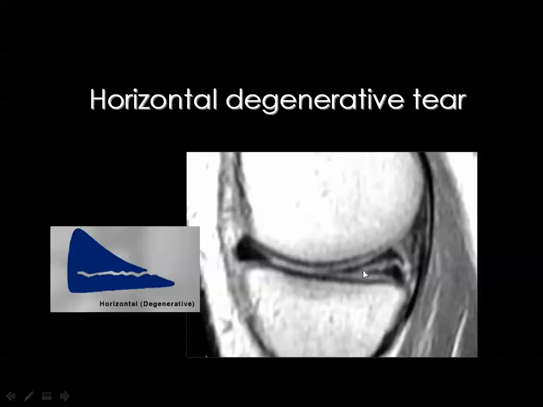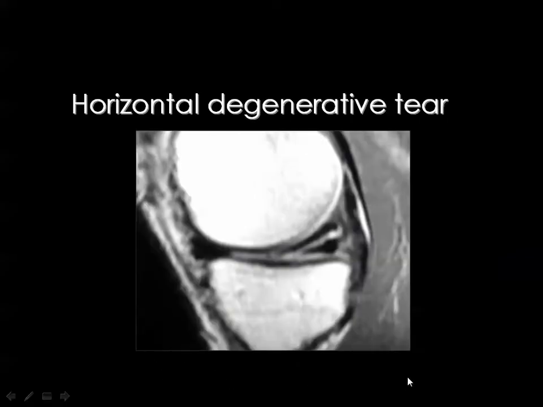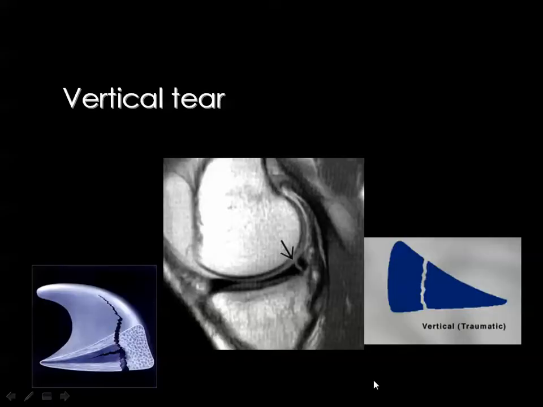But this is referred to as a tear when it affects either the inferior or the superior articular surface. And it's a good example of a horizontal degenerative tear affecting the posterior horn of the medial meniscus, disrupting the meniscocapsular attachment as well as the inferior articular surface.